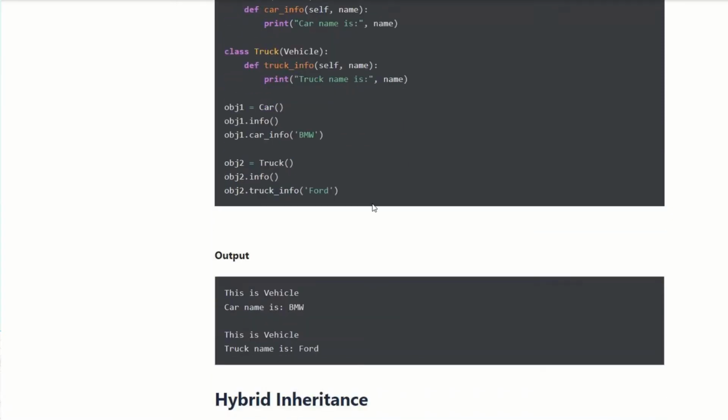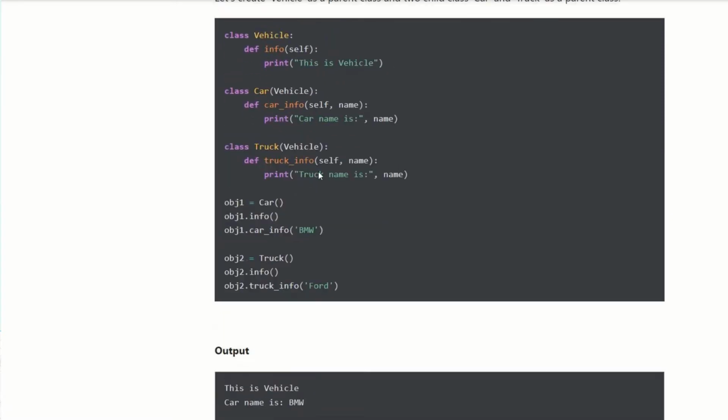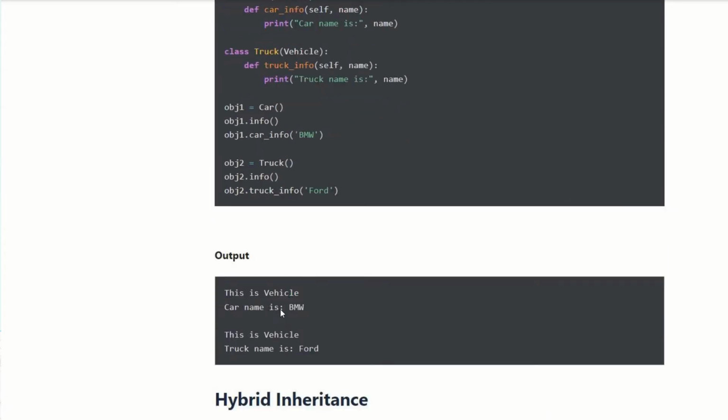So the output for this is vehicle. This is the property of the vehicle. Car name is BMW for the car info. And also here in our other child class, which is si truck, this vehicle and truck name is Ford. Okay.